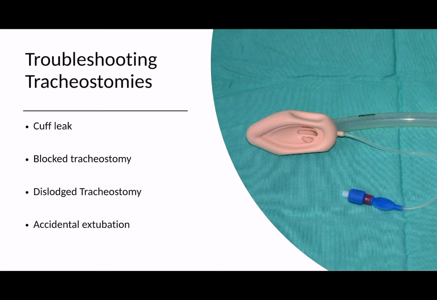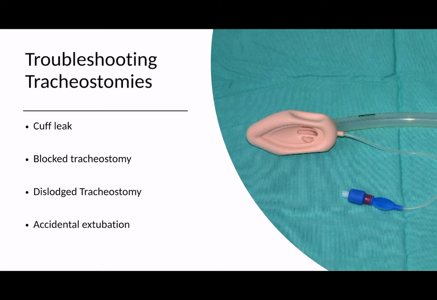Obviously, get senior help with both of these issues, because if the cuff is damaged, the tracheostomy might need to be changed to one that doesn't have a damaged cuff. Or if the tracheostomy has come out a little bit, it might need to be advanced in. That's usually best done under direct vision with a bronchoscope, especially if there are lots of false tracks around.